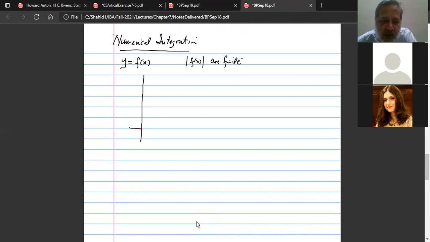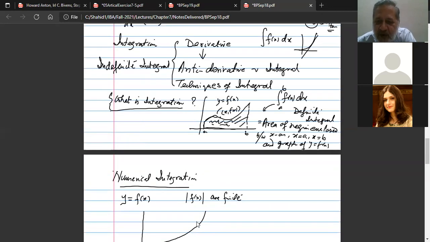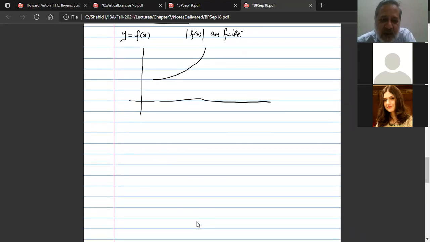Now, how do I begin trying to get what we have stated here? Area of the region enclosed between x is equal to a, x is equal to b, and the graph. To start with, we have an estimate.